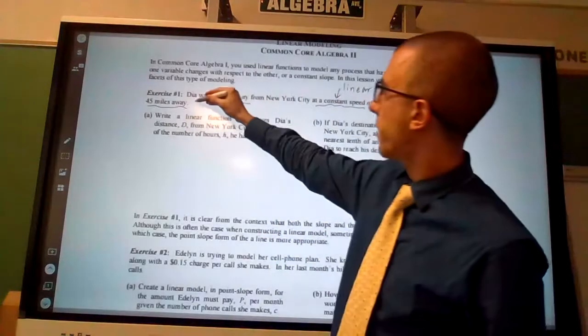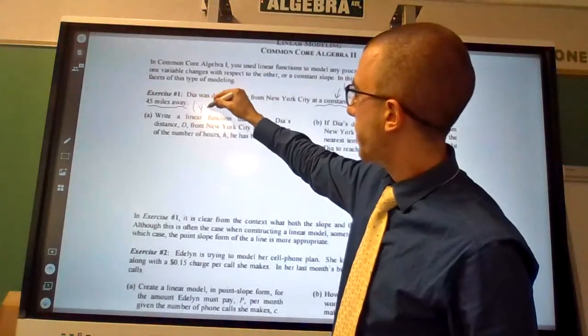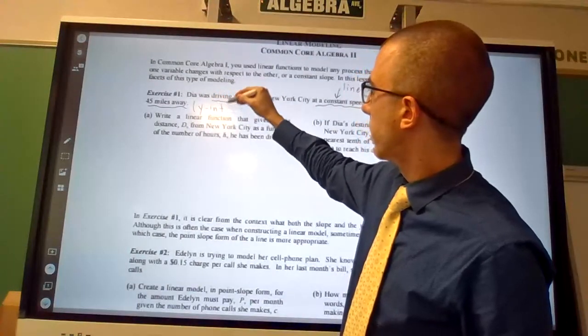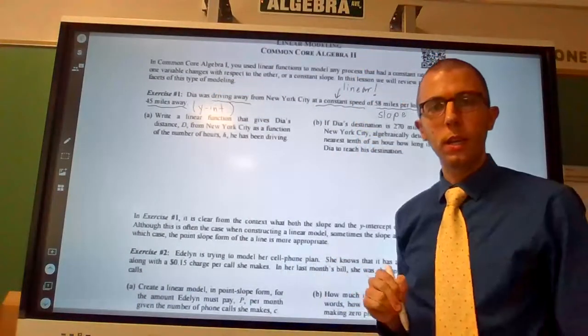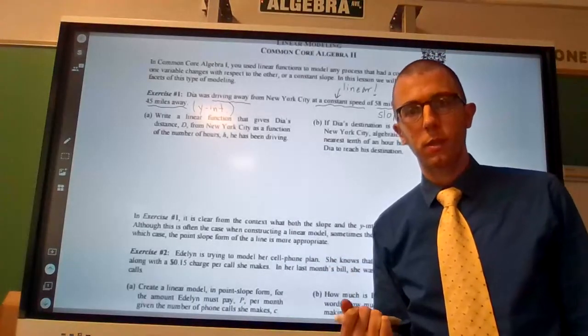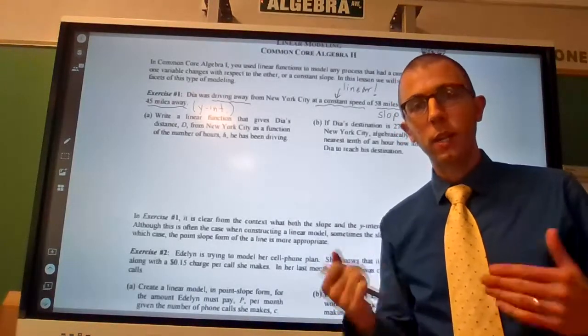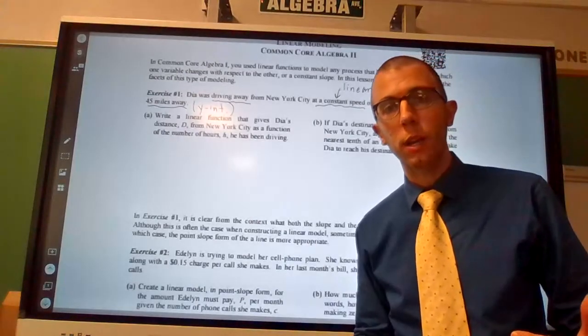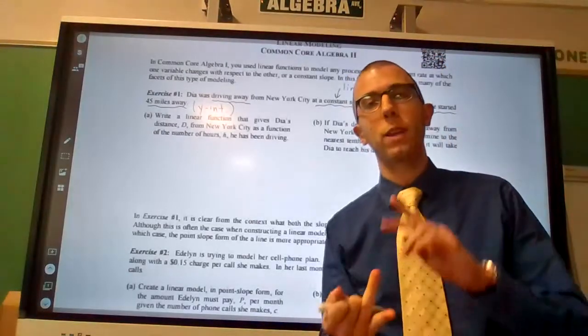So where he starts, again, something we need to bring back from Algebra 1, that starting point is our y-intercept. In a linear function, in a linear model, there's almost always a slope and a y-intercept.